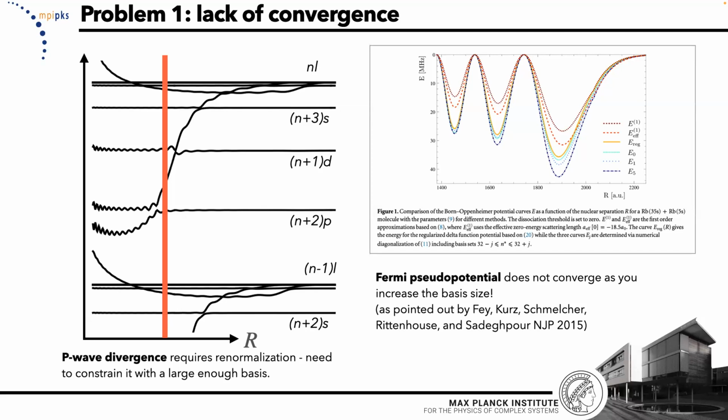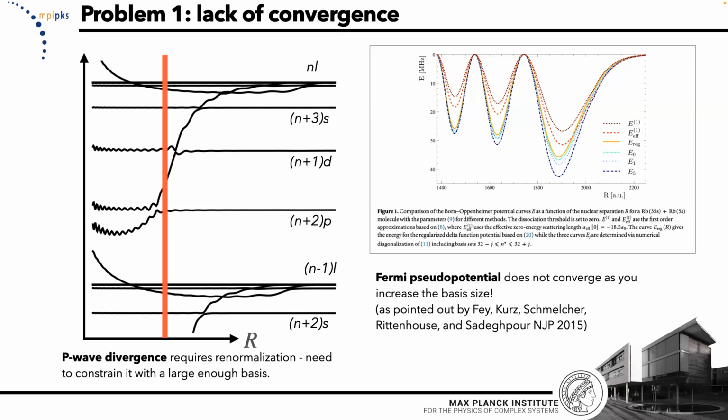So this means it's quite difficult if you want to take this theory calculation and extract a good scattering length from it. It's difficult to really trust this because if you do the calculation differently, you would get a different scattering length out. And this is especially hard in systems with this p-wave divergence, because here you really need to put a lot of basis states in to basically renormalize this divergence that you get in the scattering volume.